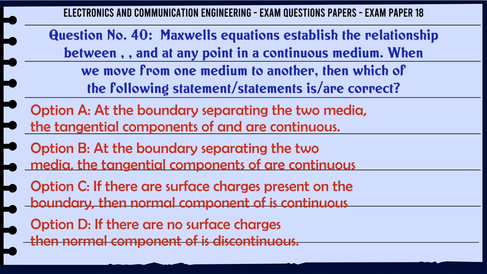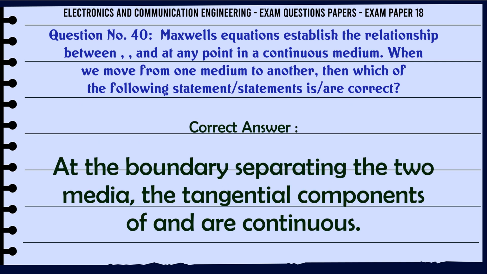C. If there are surface charges present on the boundary, then normal component of D is continuous. D. If there are no surface charges, then normal component of D is discontinuous. The correct answer is A.